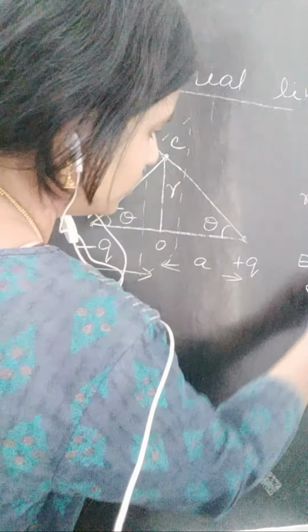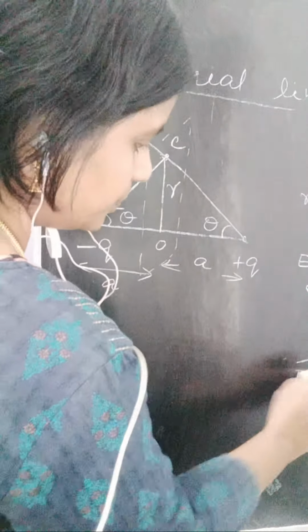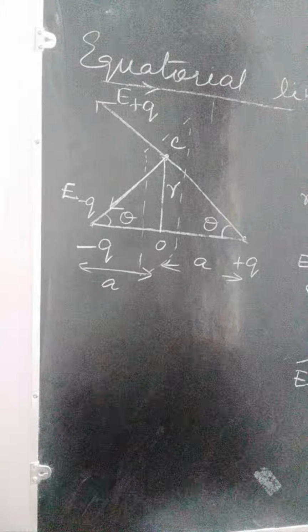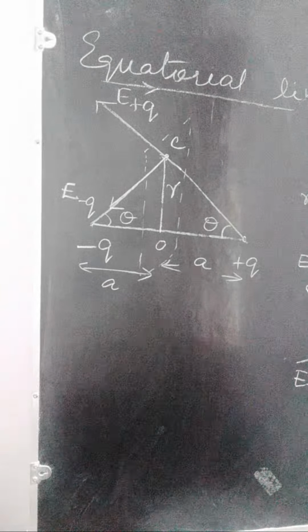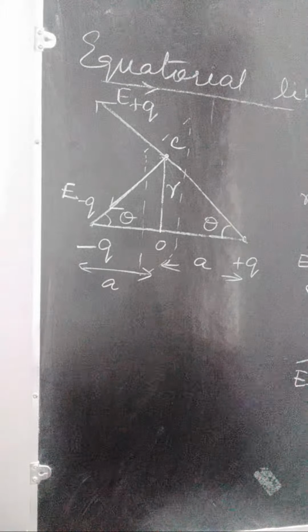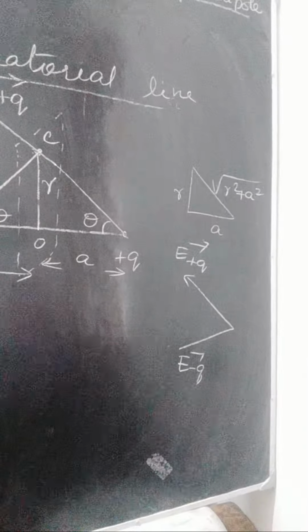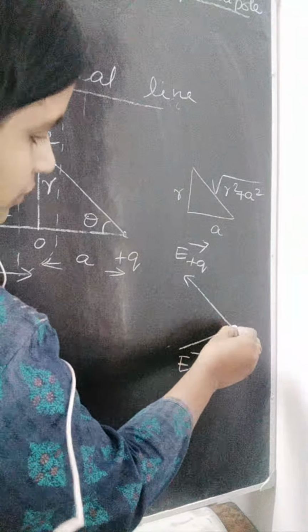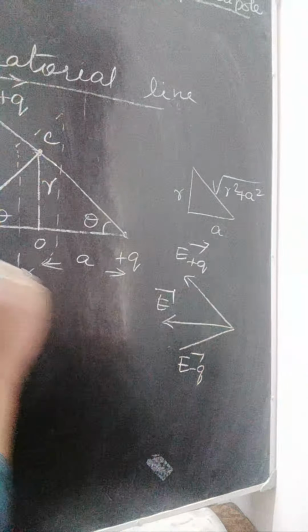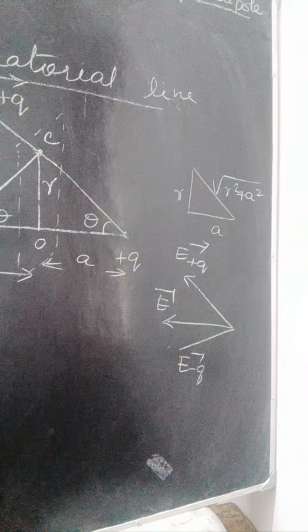According to the triangle law, this is E minus Q and this is E plus Q vector. When they are making an angle, we have to take the resultant vector in between. According to the triangle law, the resultant vector will lie in between, right? This is the resultant vector, which is E total. Remember?